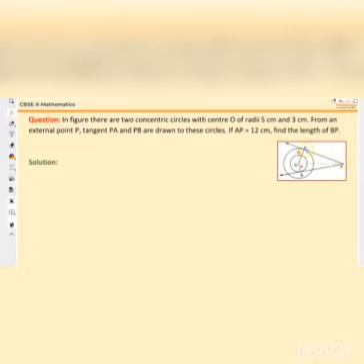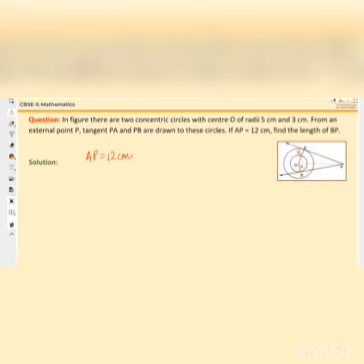On the circle with radius 5, I have point A, on the other one I have point B. Now they are saying that AP is equal to 12 centimeter. Find the length of BP.